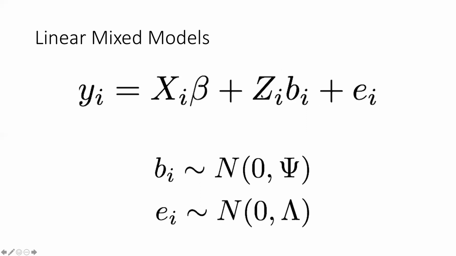You can't just model a very complex random term and also a very complex residual term. You either model a lot of complexity here, or some complexity here and some complexity here. So there's a trade-off between modeling these two covariance matrices.